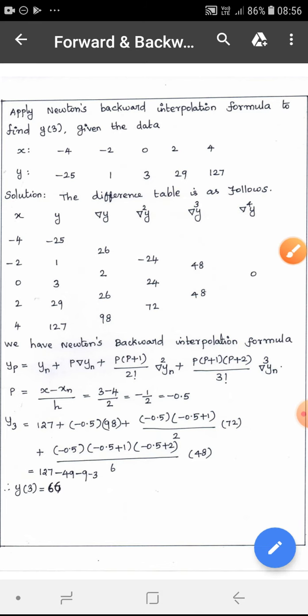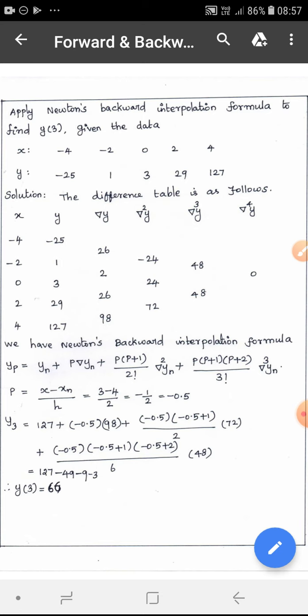In the second column, you calculate succeeding value minus preceding value. 1 minus of -25, 1 plus 25 is 26. 3 minus 1 is 2. 29 minus 3 is 26. 127 minus 29 is 98. So these are the entries, values of first differences, or here you can take it as first order backward differences.